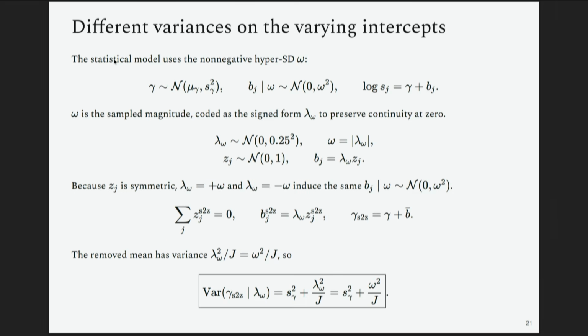And this is just to convince you that I've done my due diligence, and that it works out. It's basically just the same argument that we went through, but now we have the standard deviation, and we have to go through a little bit more, and we have this sign, and so you see this lambda that comes up there, and so we have this positive and this negative, but it induces the same normal distribution.